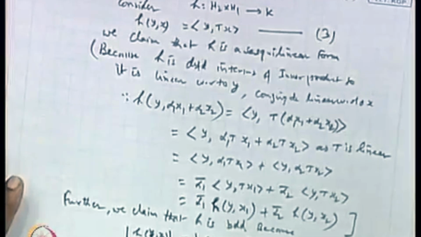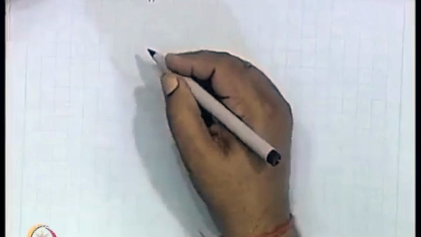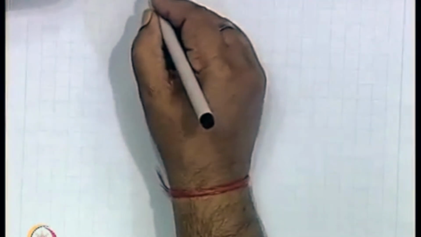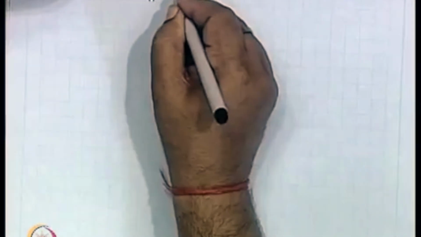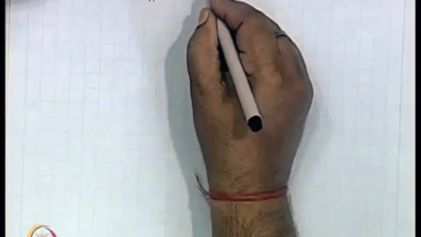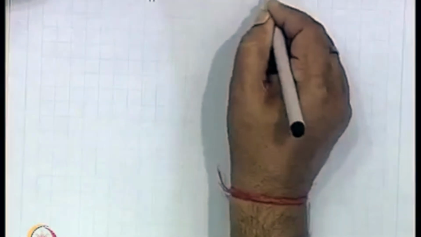So we get that this is a bounded sesquilinear form. So what we get is the norm of h. If I take h of y, x, the modulus of this is less than or equal to norm of T, norm of x, norm of y. Is it okay or not?